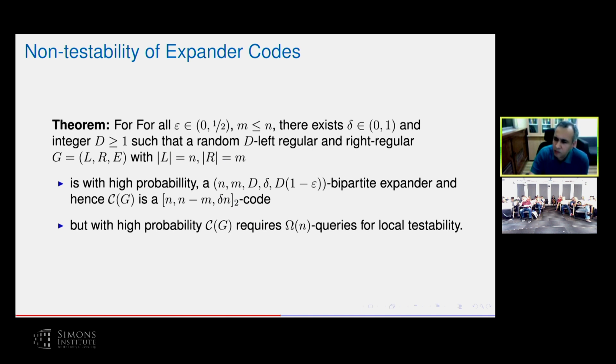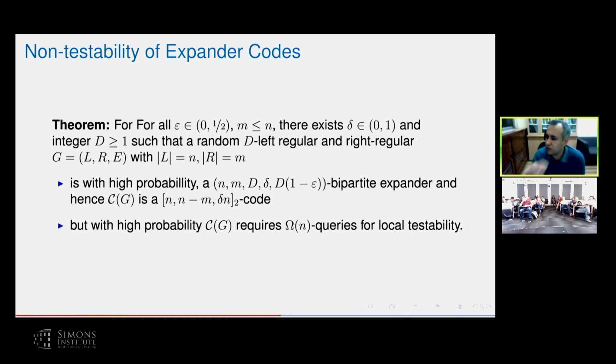What model do you use in order to generate these expanders randomly? Just the left guys select a random set of neighbors, or do you do something more sophisticated? Just the D left regular would suffice, but notice that testability requires low weight dual code words. If the code does not have any low weight dual code words, it's not testable by definition.